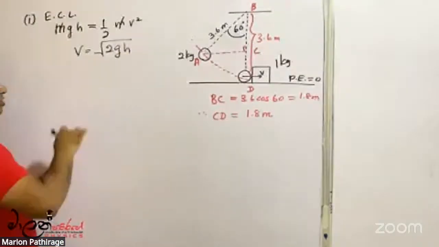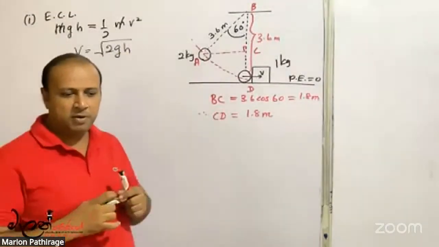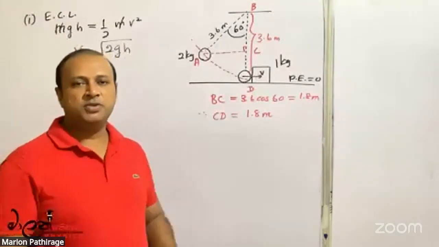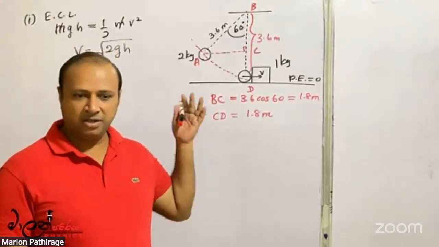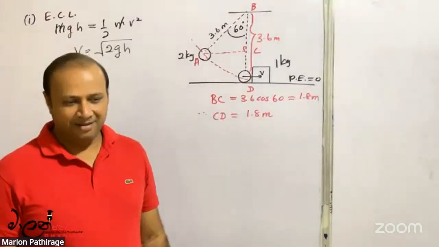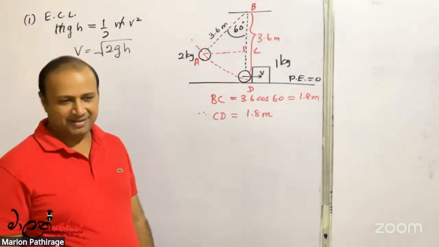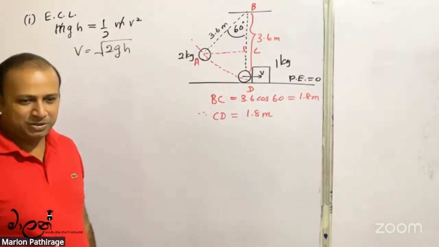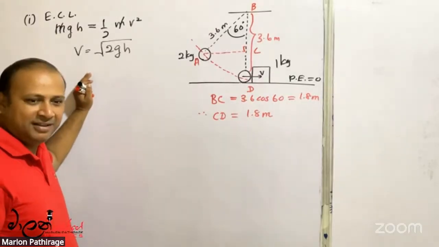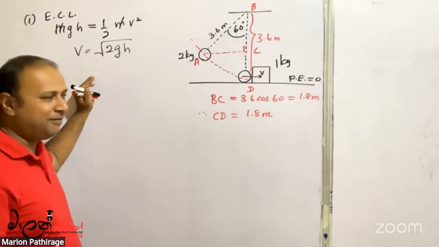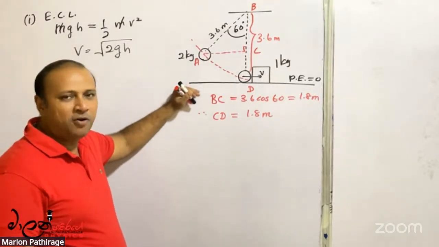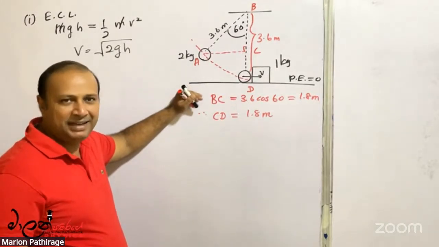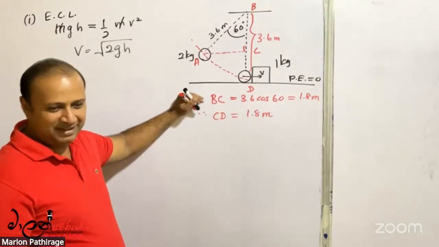This relationship is very important when it comes to MCQ questions. If you can remember this equation, you can directly take the answer. In order to apply this equation, one point should be at the potential energy 0 level.